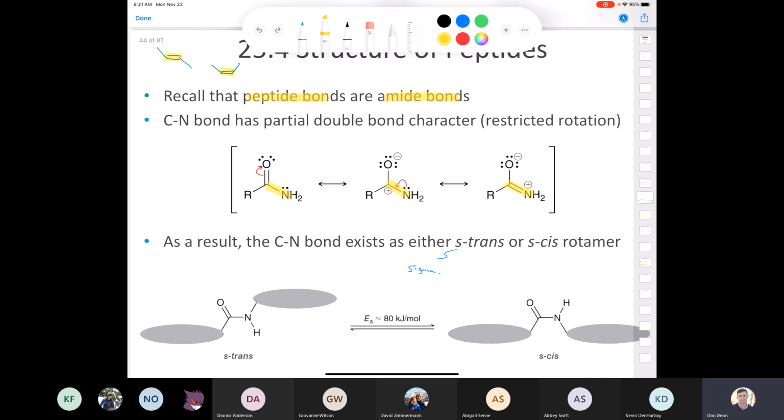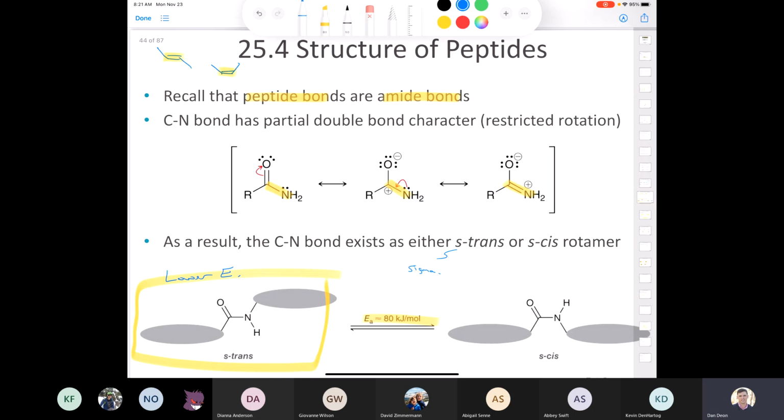And again, because of that high barrier of rotation, which is around 80 kilojoules per mole, the S-trans is going to predominate. Hopefully that should be intuitive for you, that this will be the lower energy conformation. And it's simply based on sterics, right? Those 2 big gray ovals, if you will, or the rest of the molecule on either side of that amide bond, are going to have less steric hindrance in the S-trans conformation.